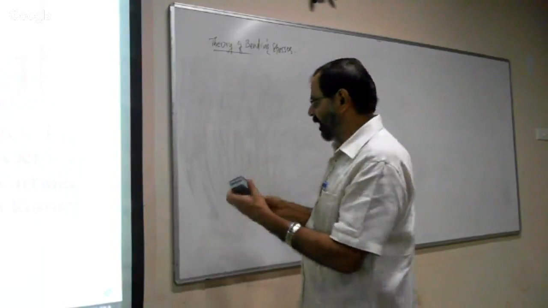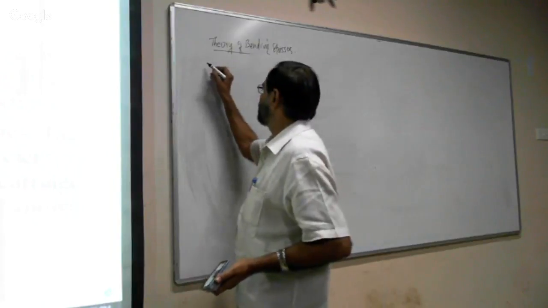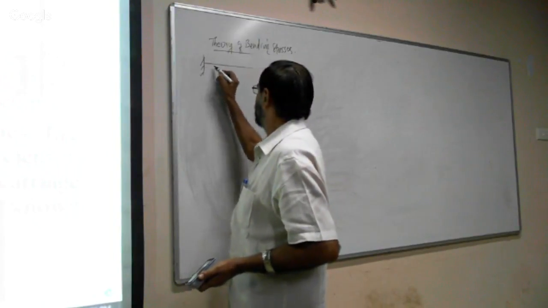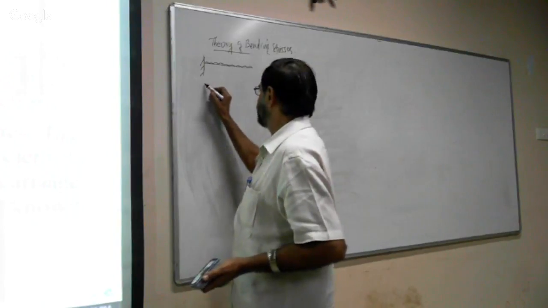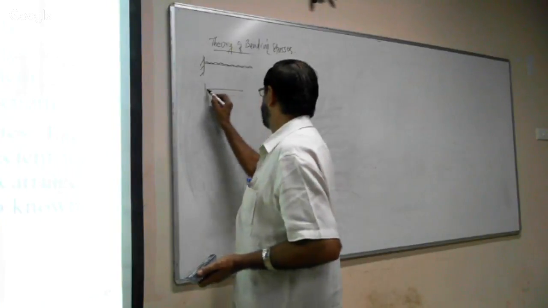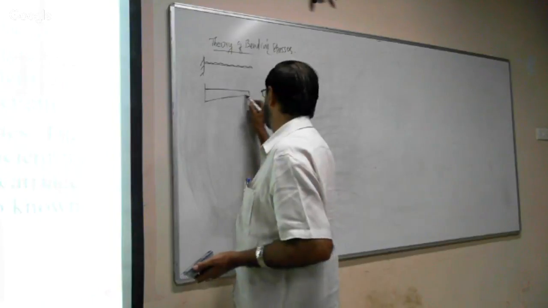For cantilever beams, beam of uniform strength. See the one cantilever beam. I think our people may have observed this section in construction. In the cantilever beam, the beam will be constructed like this.